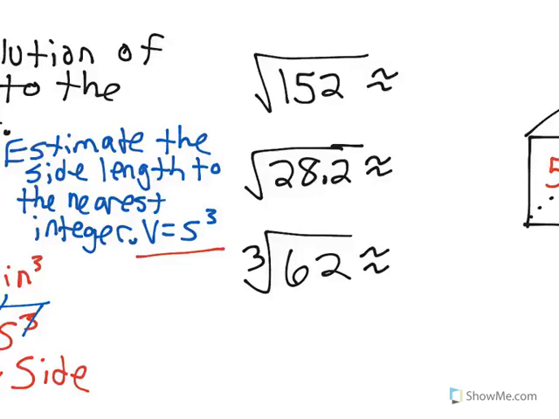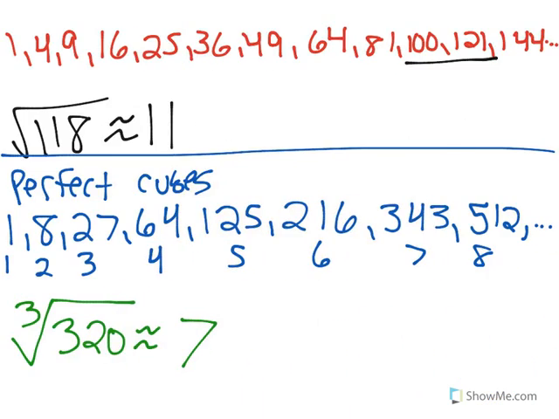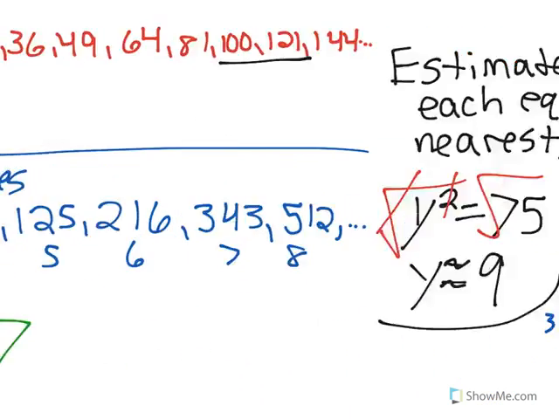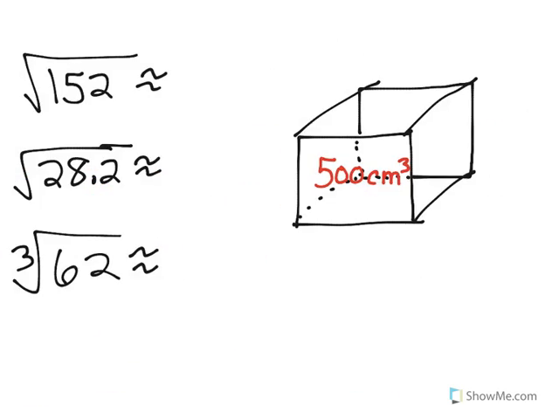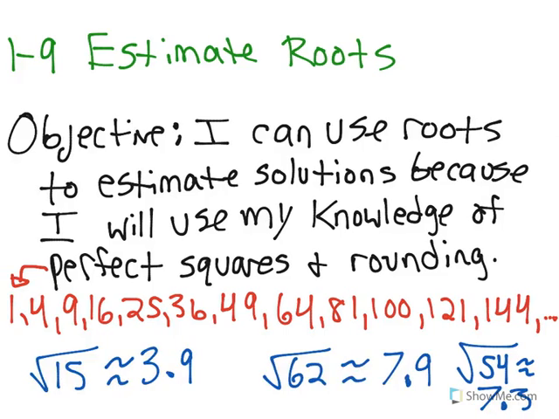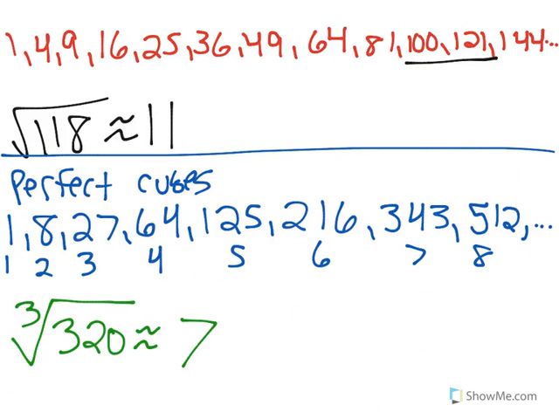Okay, so 152, well that's between 144 and 169. And it's definitely closer to 144, so that means that's going to be approximately 12. And then 28.2, sure, it's a decimal, but remember, we're rounding to the nearest whole number anyways, so that sounds like that's between 25 and 36 as far as perfect squares are concerned.